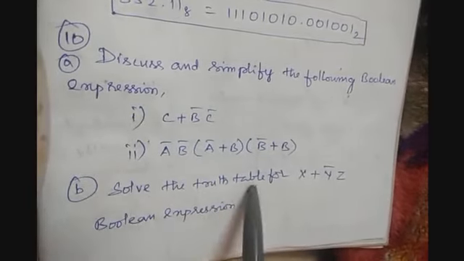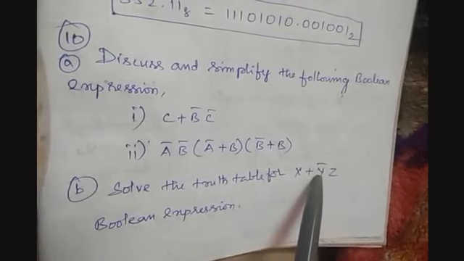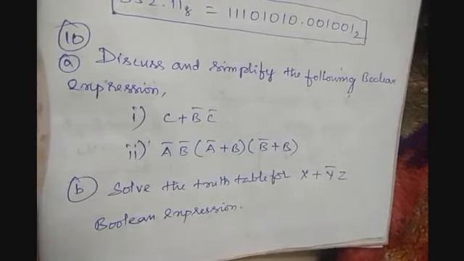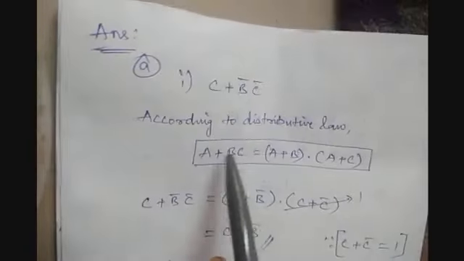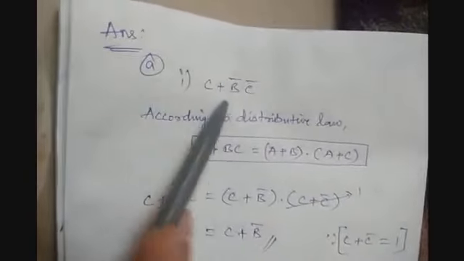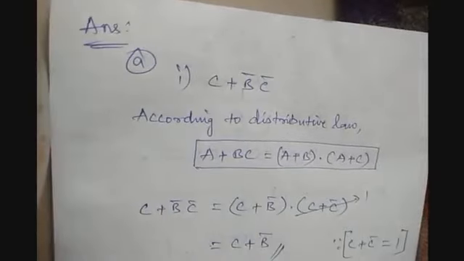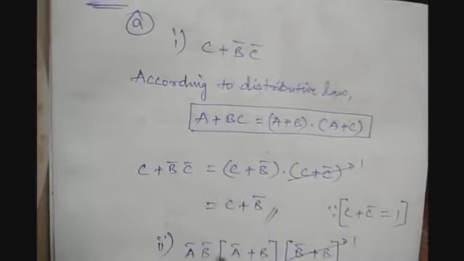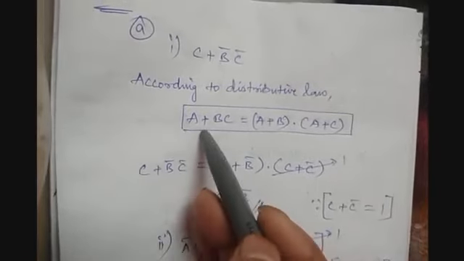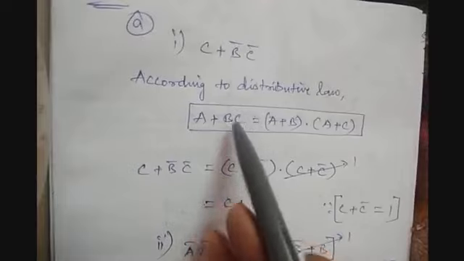And the second one is: solve the truth table for the Boolean expression X plus Y bar Z. So in this problem, we need to simplify this, and how we are simplifying these expressions, those reasons we should also write clearly. That is what they ask. That's why in the question itself they have given discuss and simplify.